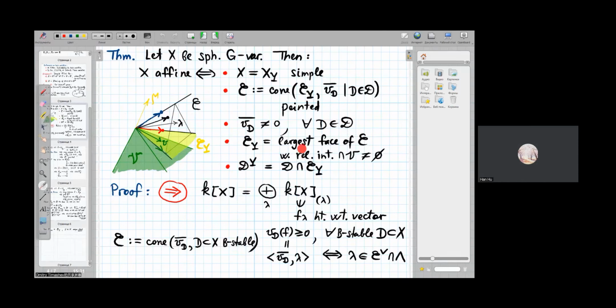So we have proved almost everything except that the cone C is spanned by C_Y and VD bars.